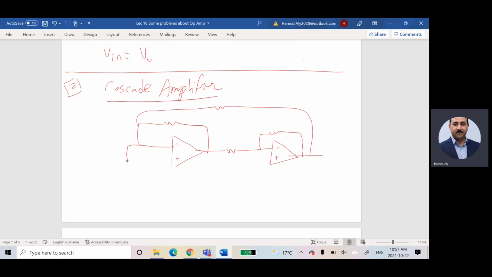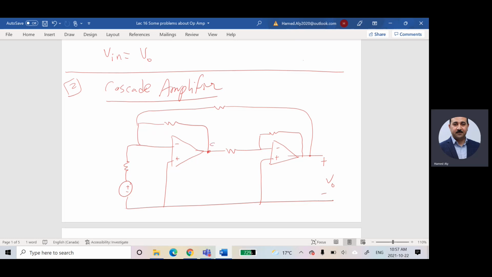And this is the input voltage, and this is the positive terminal for the next operational amplifier, and this is considered the output.